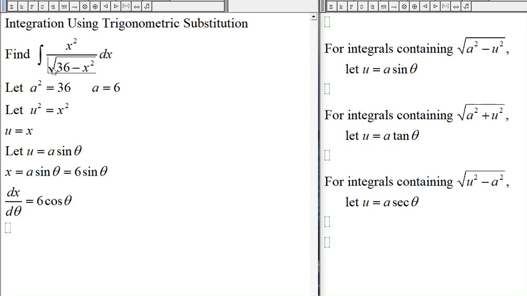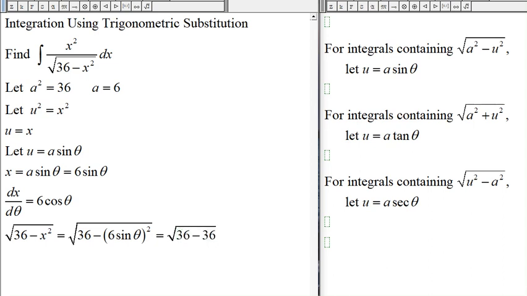And since we have this expression right here, let's work it out first. So this becomes 36 minus x squared, where x is 6 sine of theta. So this becomes 36 minus 36 sine squared of theta.